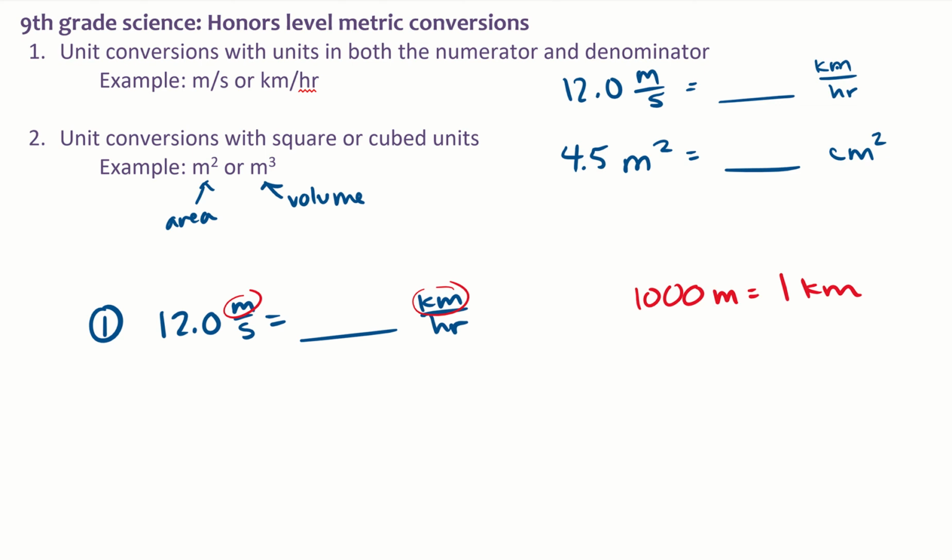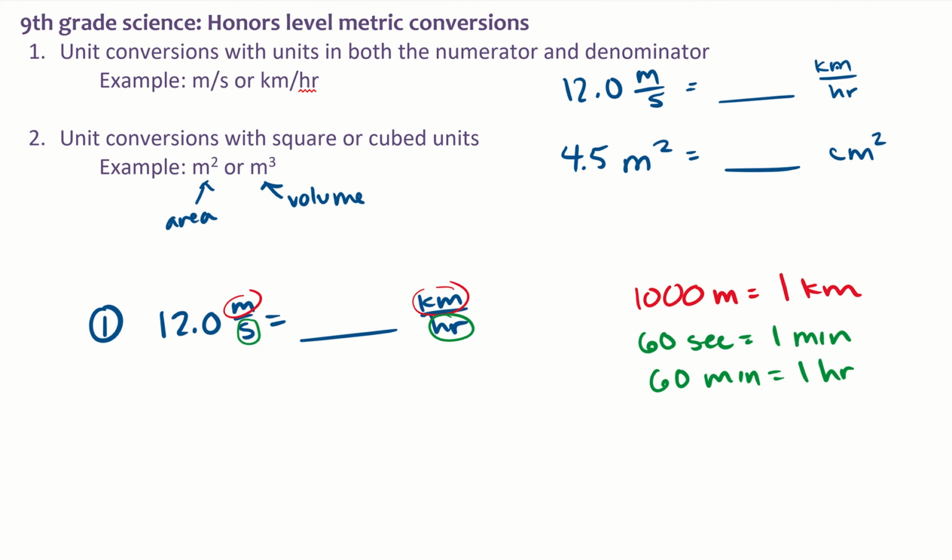Okay, and then when I look at seconds and hours, okay, I may know that there's 3,600 seconds in an hour, but let's say that I forgot. I definitely know that there is 60 seconds in 1 minute, and I know that there's 60 minutes in 1 hour. Okay, so that can get me from seconds to minutes and from minutes to hours. Okay, but the trick here is that I have units both in the numerator and in the denominator.